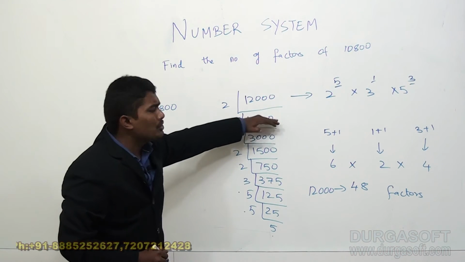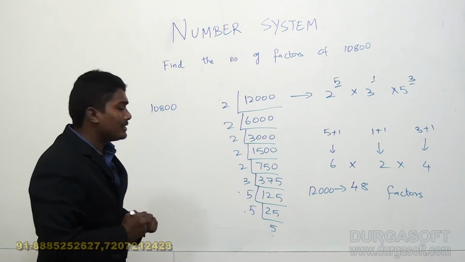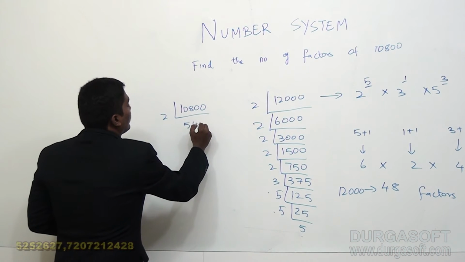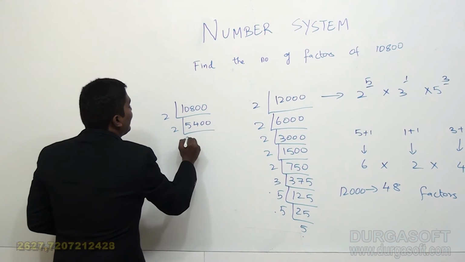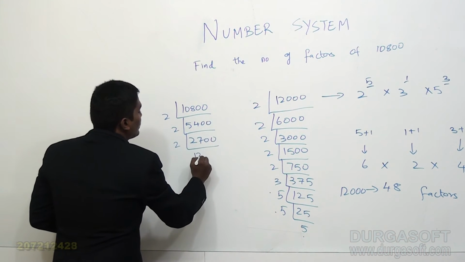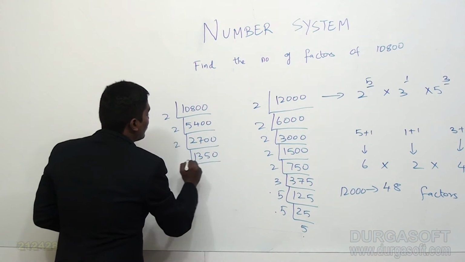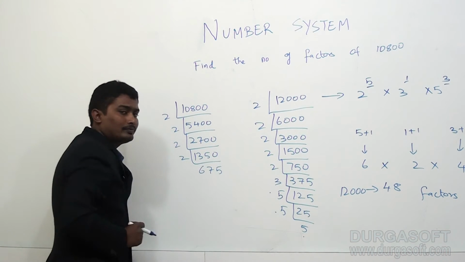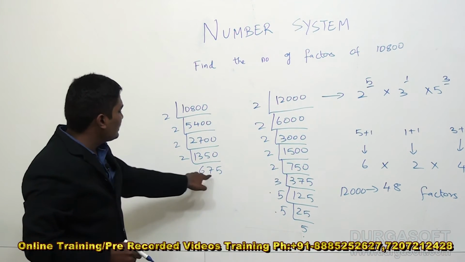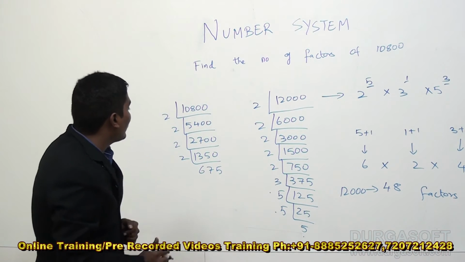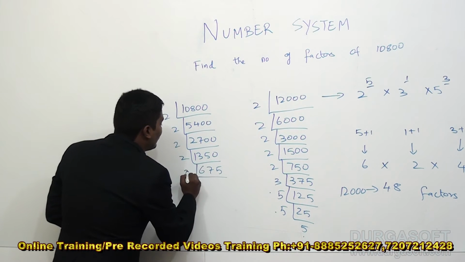So just similar to this 12,000, I will be doing prime factorization. So first I will divide this by second table, 5,400. Again second table, 2,700. Second table, 1,350. Again second table, 675. Next 675 I cannot further divide it by second table. So what I can try to do, I can try to divide this by third table.